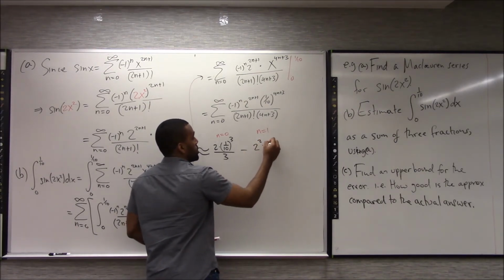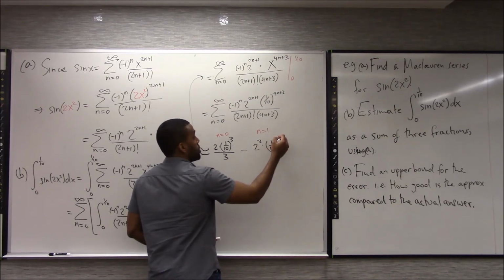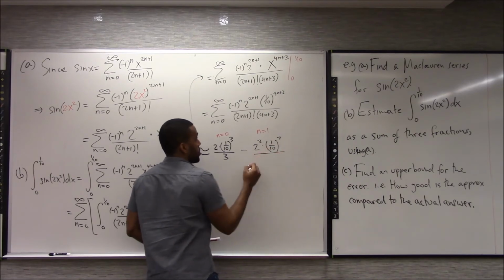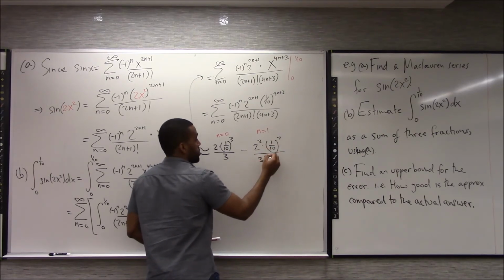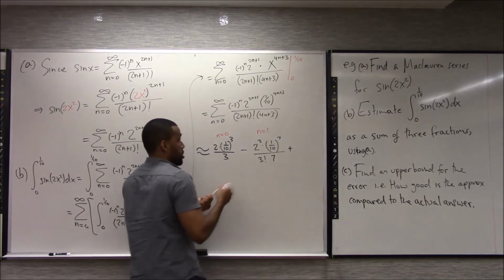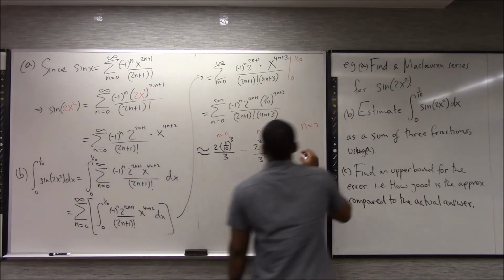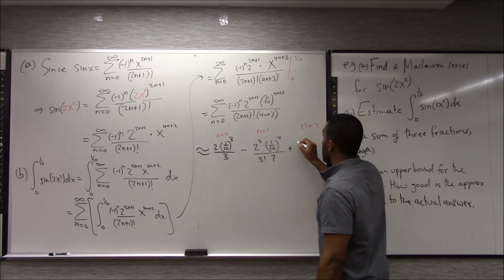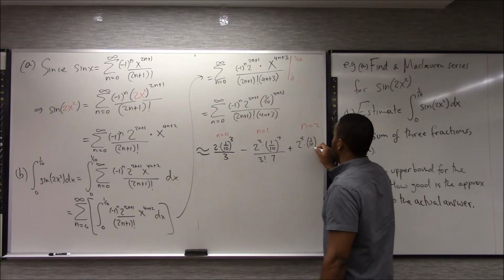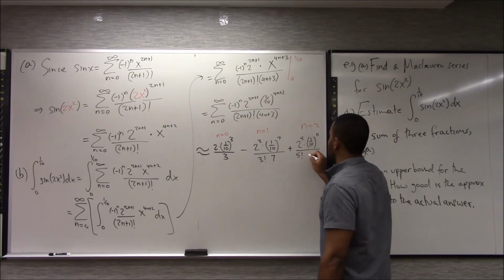Cubed times 1 over 10, when n equals 1, so that's 7 over 3 factorial times 7, plus plug in n equals 2, and this will be a plus sign, so that would be 2 to the 5th times 1/10 to the 11th over 5 factorial times 11.